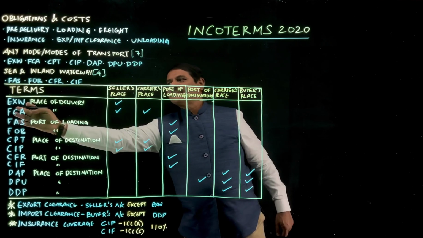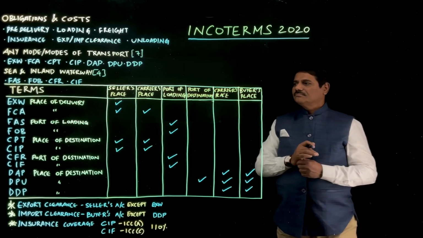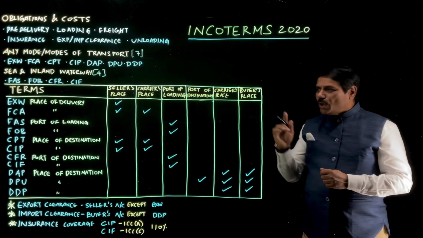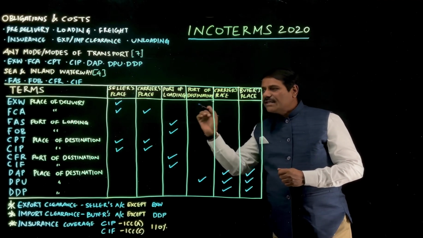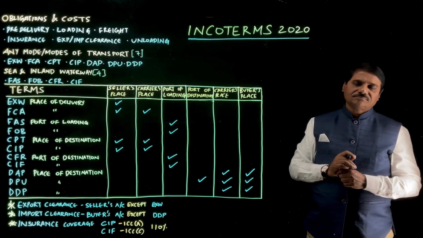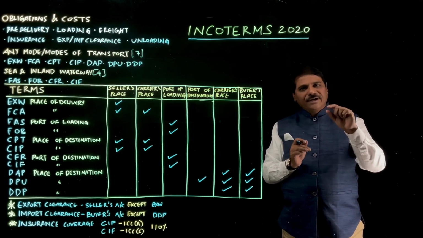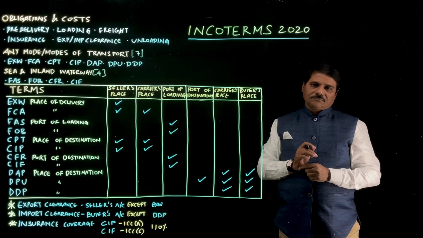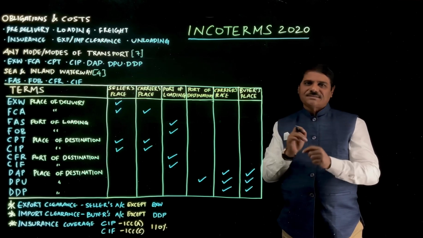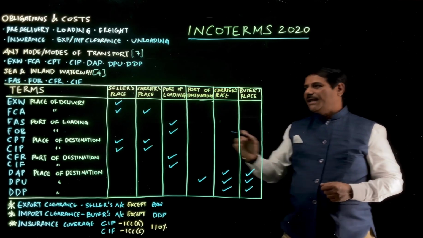First one, Ex Works. Whenever you are using an international commercial term, that abbreviated 3-letter term, you have to always insert the place of delivery.